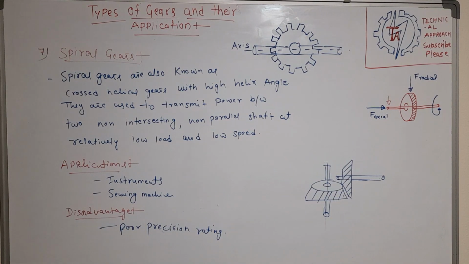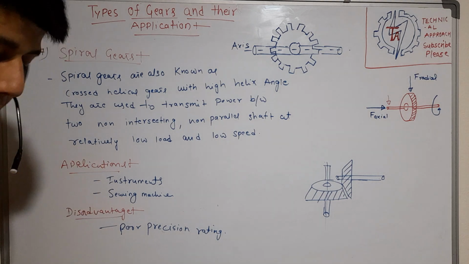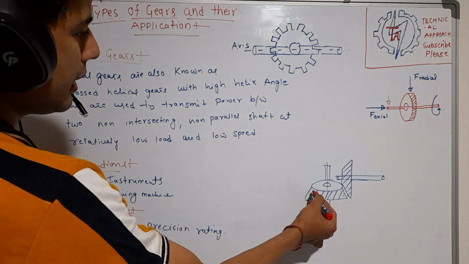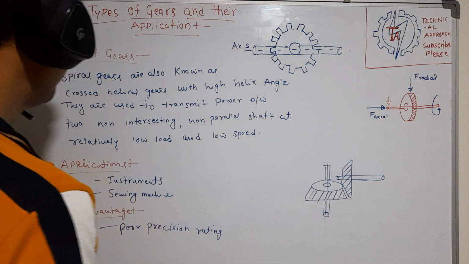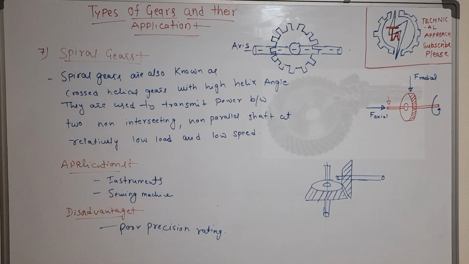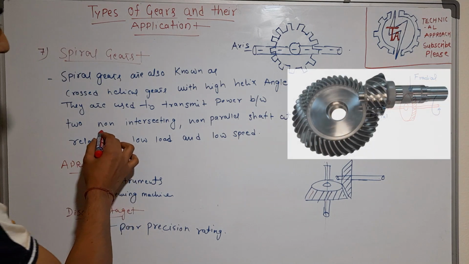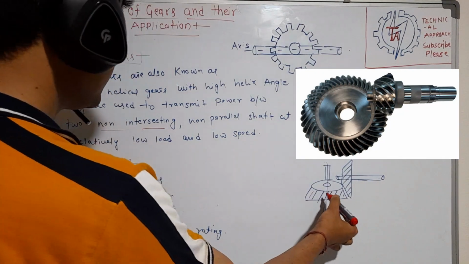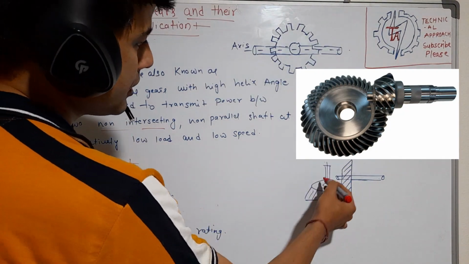The seventh is the spiral gear. Spiral gears are also known as crossed helical gears with high helix angle. They are used to transmit power between two non-intersecting, non-parallel shafts.